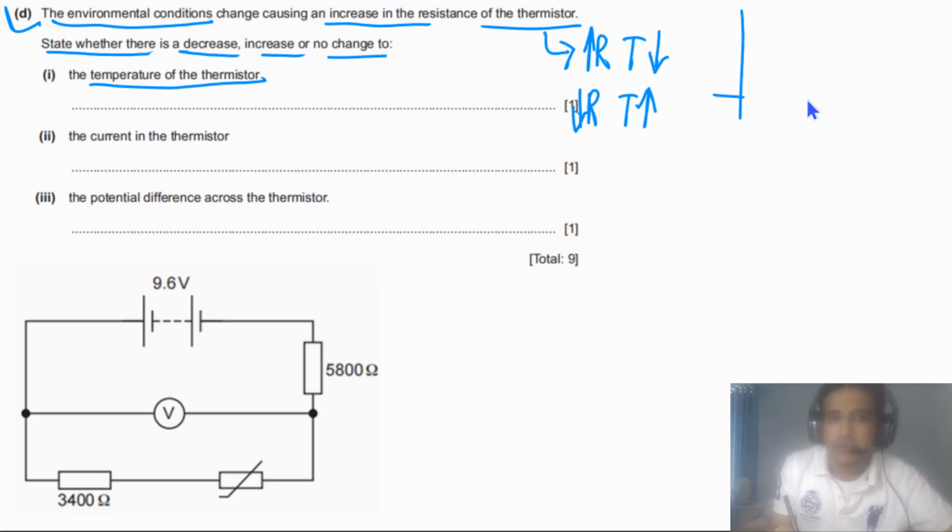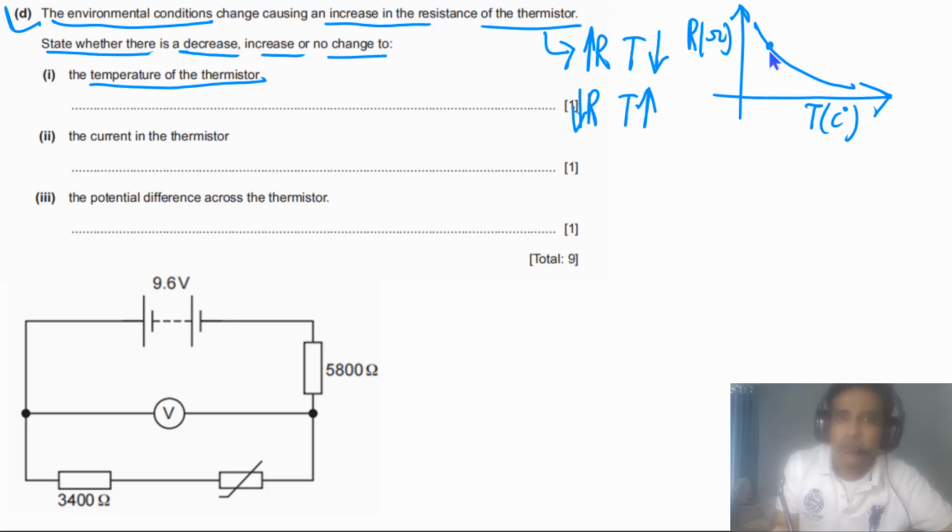If you look at the curve for thermistor, resistance against temperature, let's say we have temperature on the x-axis, the shape of the curve is like this. So it means when temperature is lower, resistance is higher, and when temperature is higher, resistance is lower. So in this case we need to write down: temperature of the thermistor decreases.